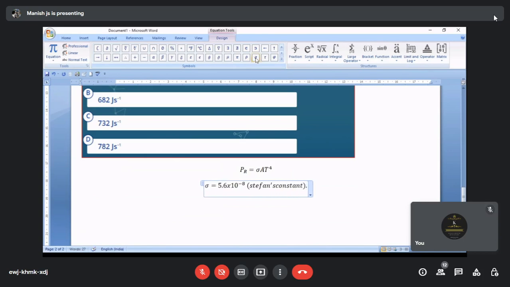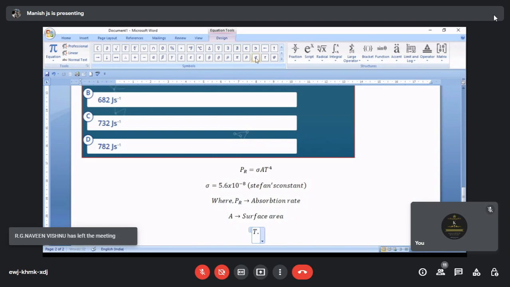This is a relationship to find the rate of absorption, where PR is the absorption rate, A is the surface area, and T is temperature in Kelvin.